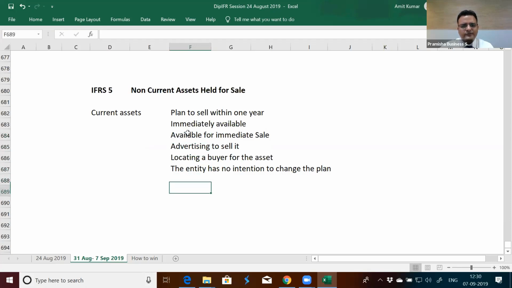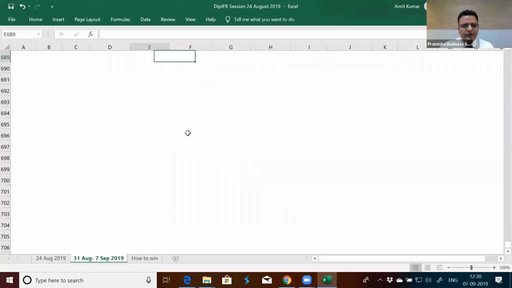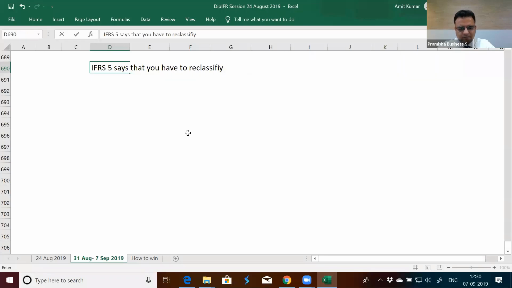So when you do it, IFRS 5 says that you have to reclassify the asset at the lower of cost or net realizable value.